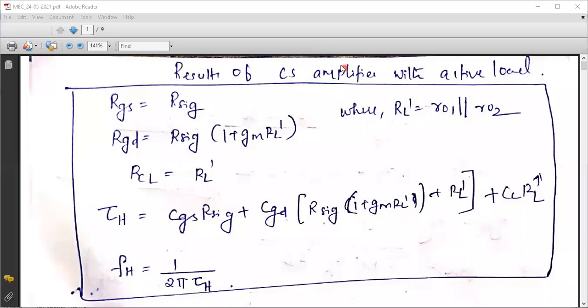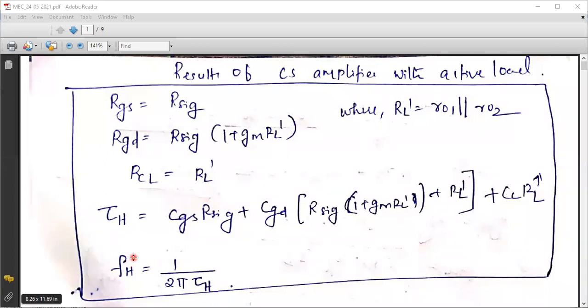Being active devices, I can consider the load as active load. The overall resistance is the parallel combination of output resistances of Q1 and Q2, that is Ro1 parallel Ro2. This is the overall load resistance RL dash. By making use of this equation, we are now able to find the cutoff frequency FH.